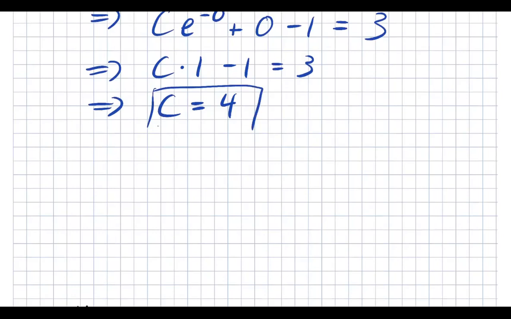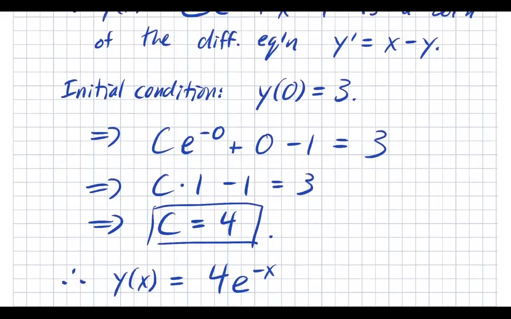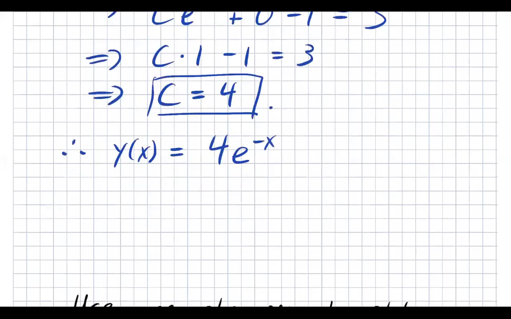Let's put a box around it: c is equal to 4. So we determined the constant that satisfies that initial condition. Therefore, the solution that satisfies the differential equation and the initial condition is 4 e to the negative x plus x minus 1.